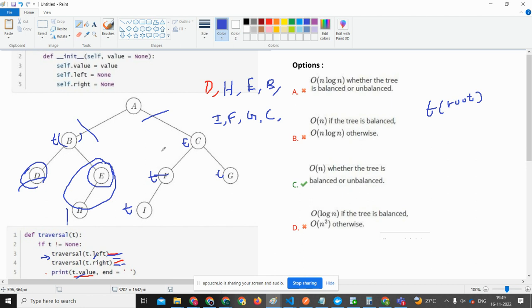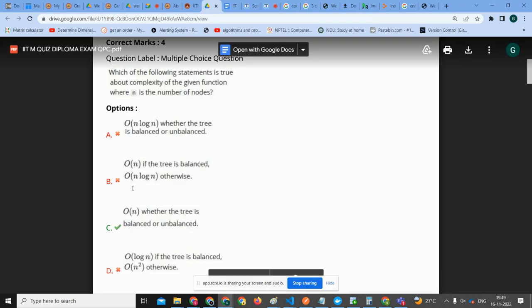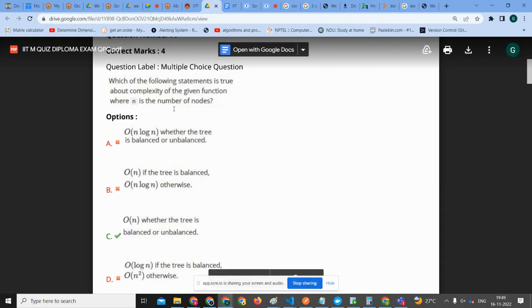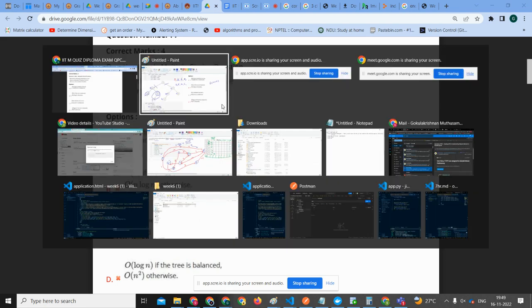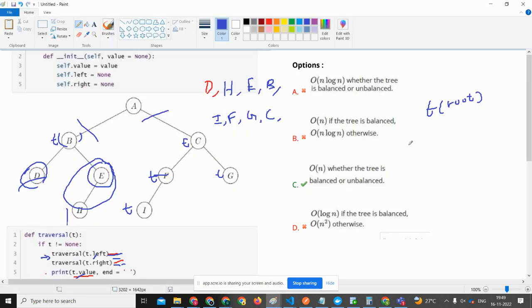In the tree, the height of the tree is 4. No. The question is, n is the number of nodes. Correct. So in this case, n is equal to 9.